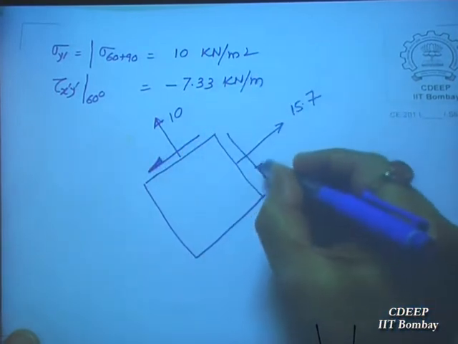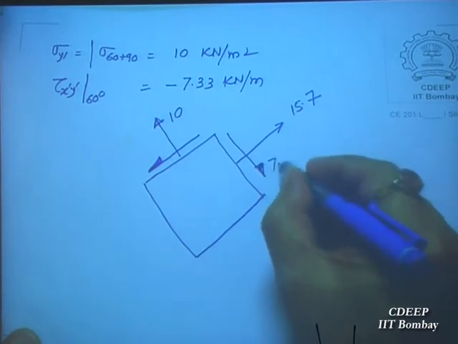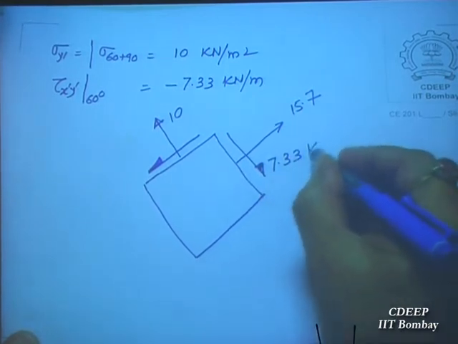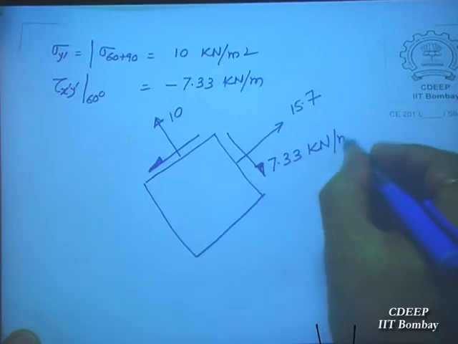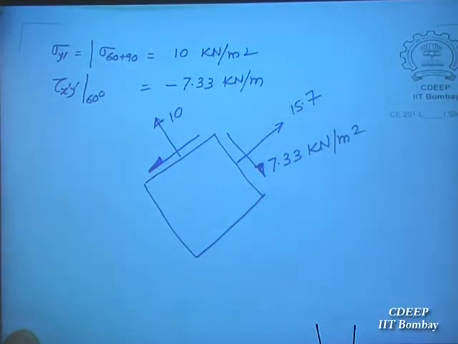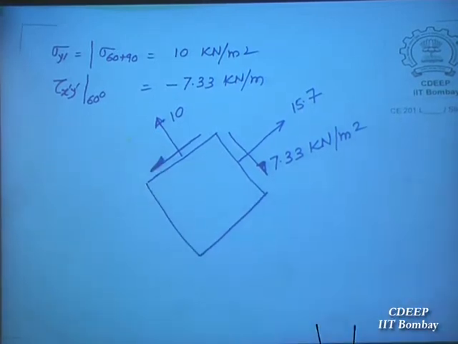This value is 7.33. All units are in. So once it is drawn, and finally you should show it like this at the end of your question.